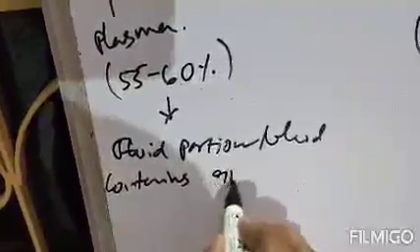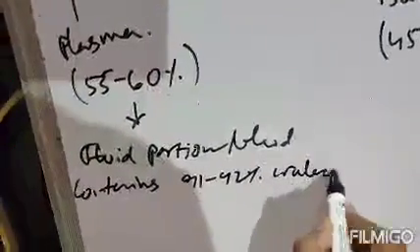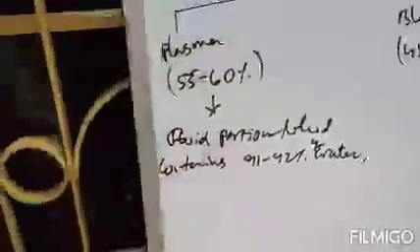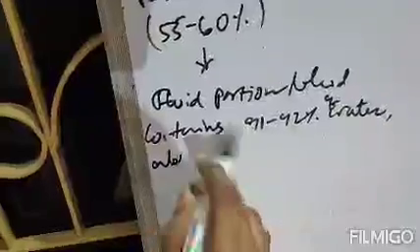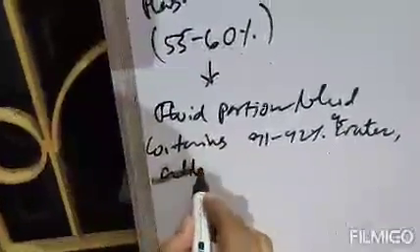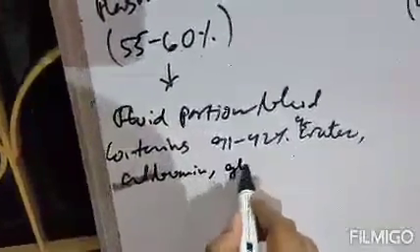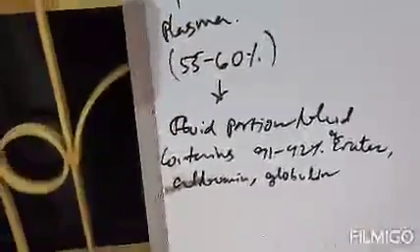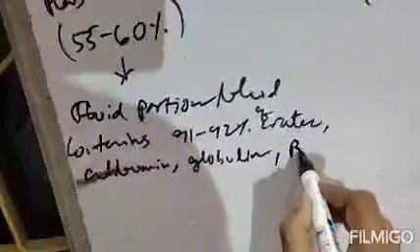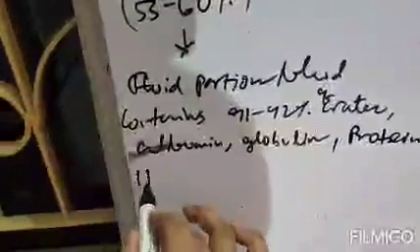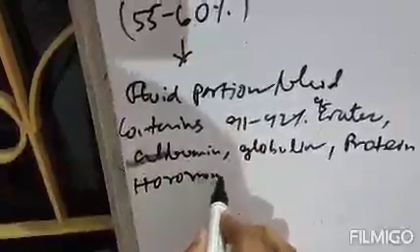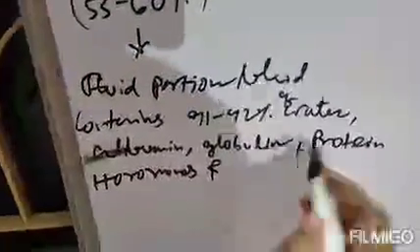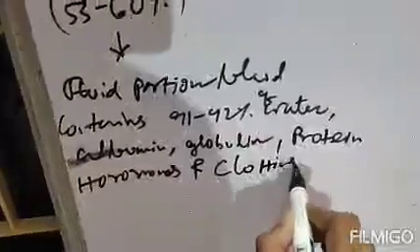Fluid portion blood contains 91 to 92% of water. Not only water, it contains water plus albumin, globulin, protein, hormones, and clotting factors.